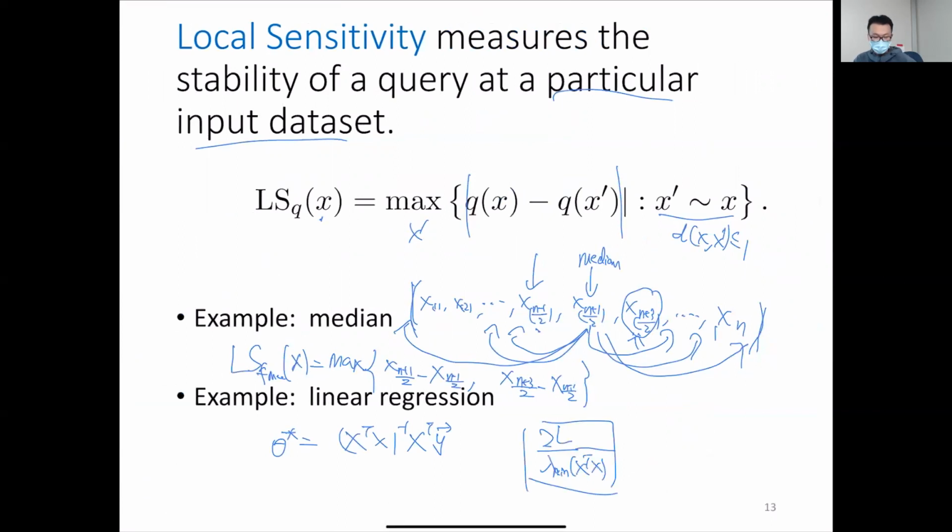Again, this could be orders of magnitude smaller compared to its global sensitivity, where lambda min of X transpose X is arbitrarily close to 0.